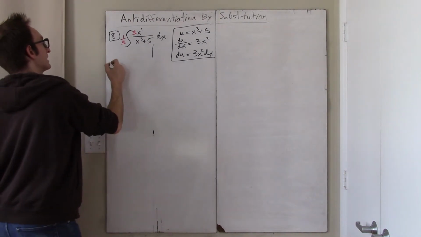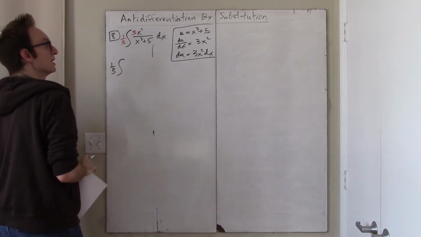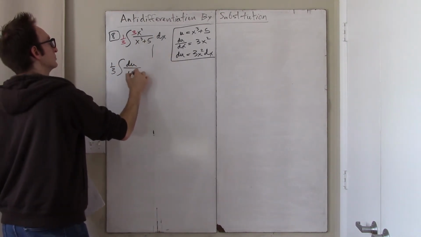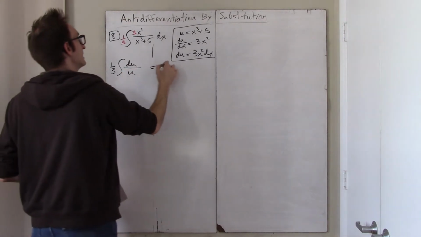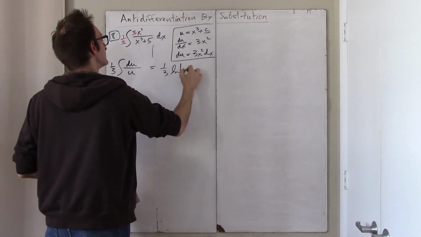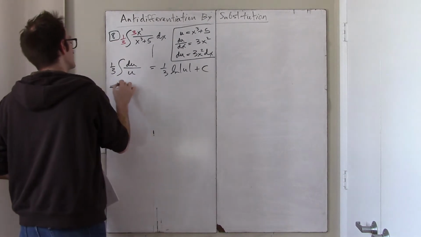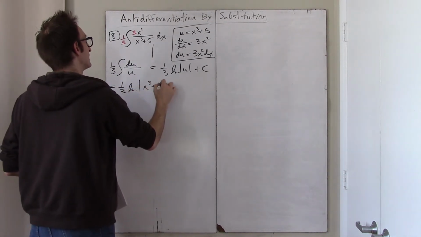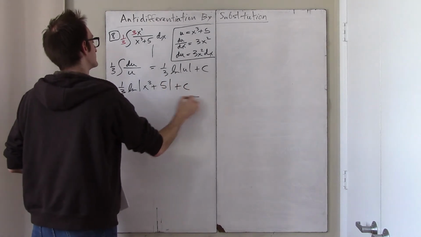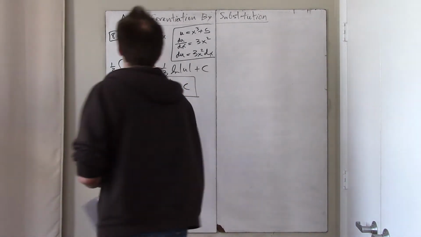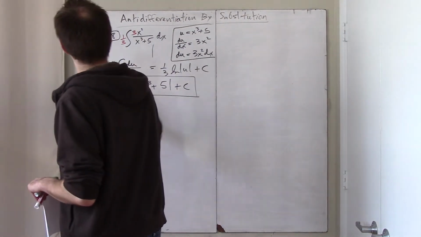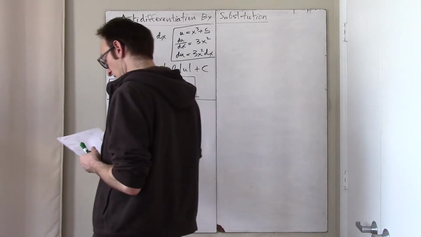And this problem can thus be reduced to 1/3 times 3x squared dx is du, and on the bottom here is u. This we know to be 1/3 ln absolute value u plus c, and so this is 1/3 ln absolute value x cubed plus 5 plus c. So that was relatively easy. I guess we did problems like that before.